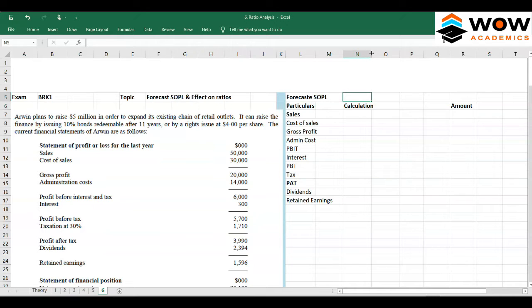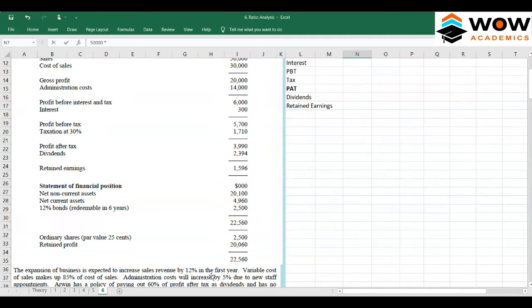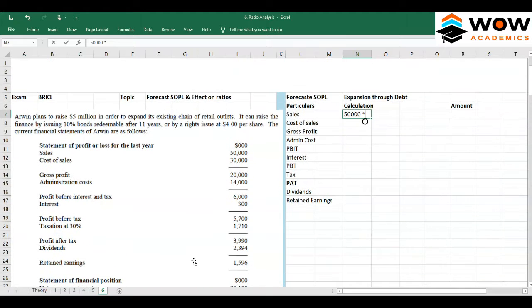One is expansion through debt, and the other is expansion through equity. So we'll start. Sales is currently 50,000, and that sales is going to increase by 12%.